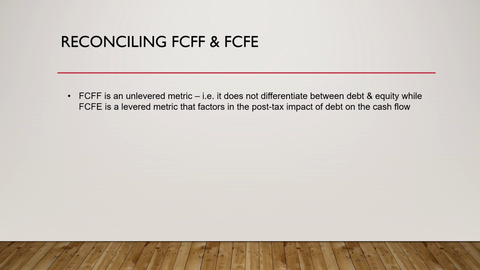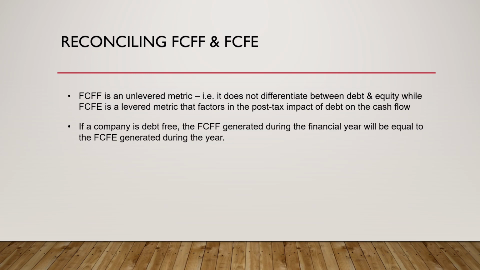FCFE, on the other hand, is a levered metric and only looks at cash flows after taking care of all operating, investing, as well as financing obligations, including debt obligations. So by now you might have guessed that if there is no debt in the company, FCFF and FCFE in any particular year for a business will be equal.